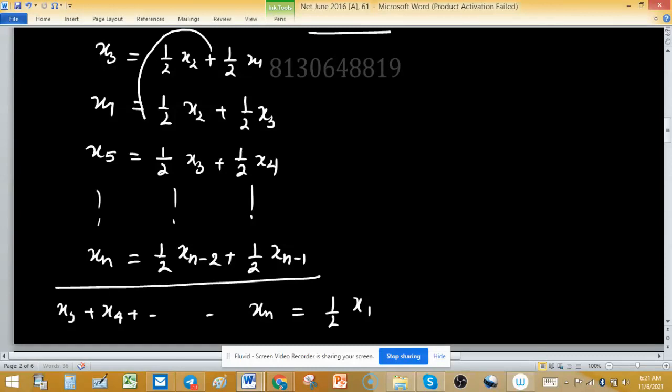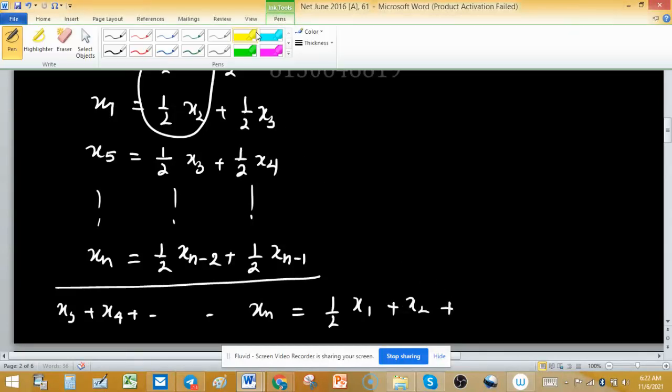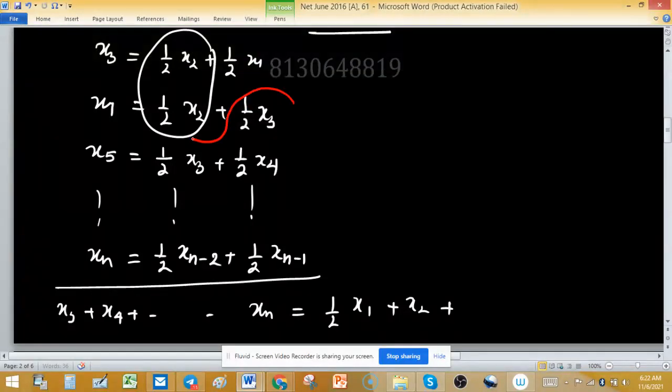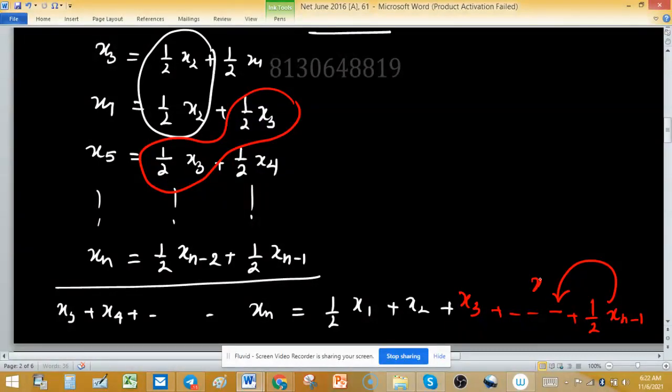Now observe this as I am making round, half of x2 plus half of x2 make x2. Similarly, you can easily see as in red color, half of x3 and half of x3 make complete x3, and similarly other terms. So left terms will be half of xn minus 1, and before this it will be complete term xn minus 2.